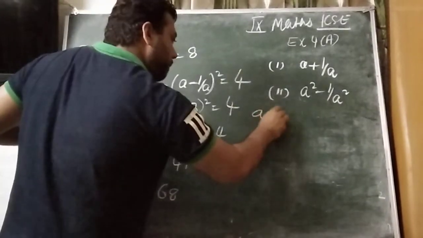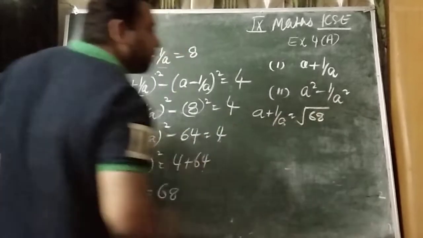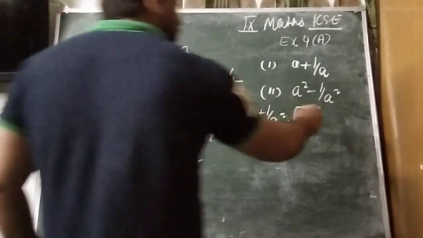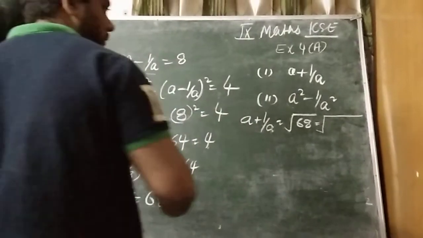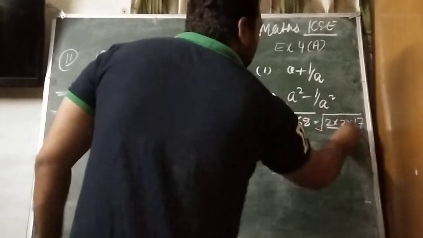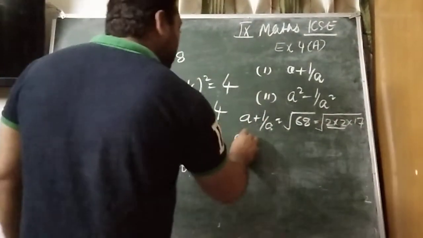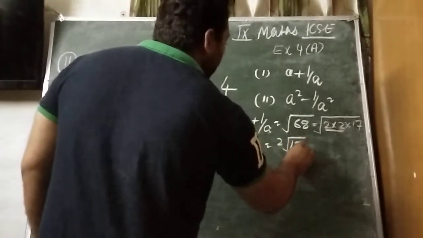So a plus 1 by a is the square root of 68. That further we can break into 2 times 2 times 17. So दो के पेयर बन गए. So 2 can come outside the square root. So answer is 2 root 17.